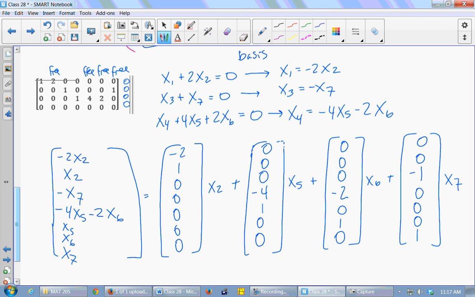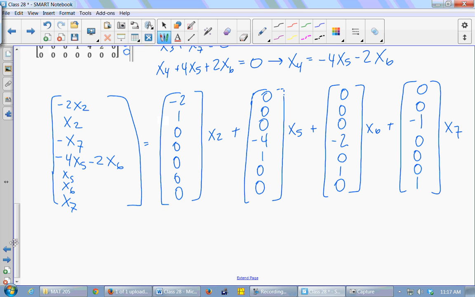Ooh, it's a lot of work finding the null space. A basis for the null space is these 4 vectors. So the span of those 4 vectors makes the null space. All linear combinations of those 4 vectors are in the null space. They are already linearly independent.